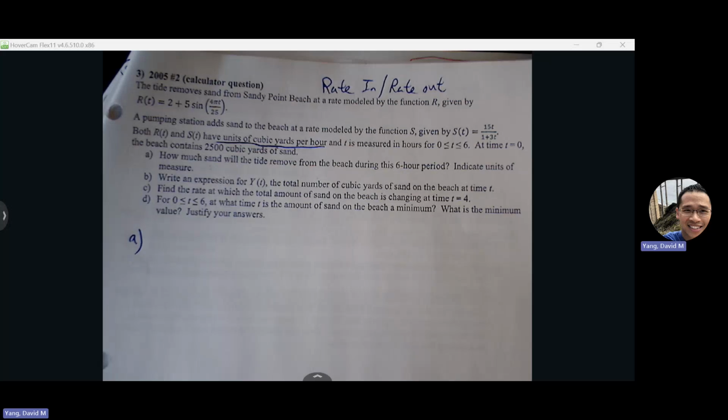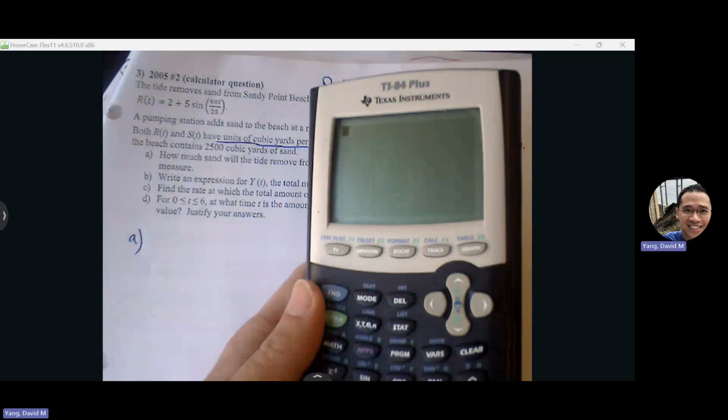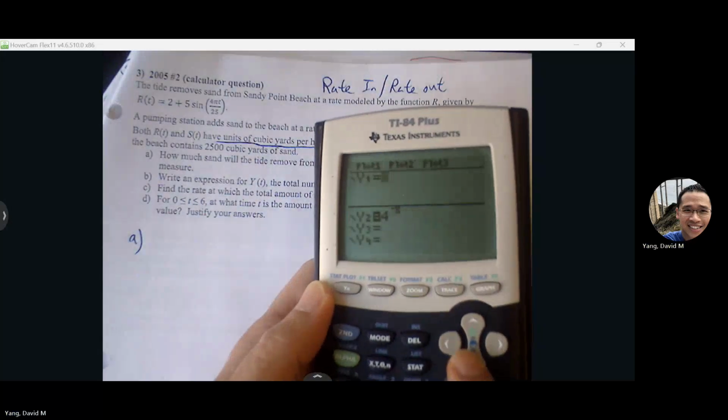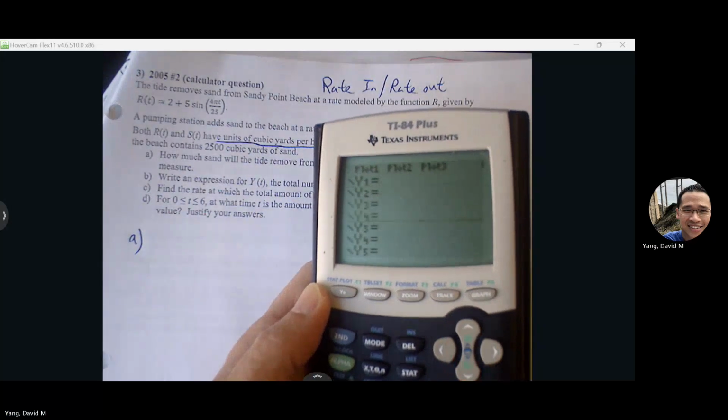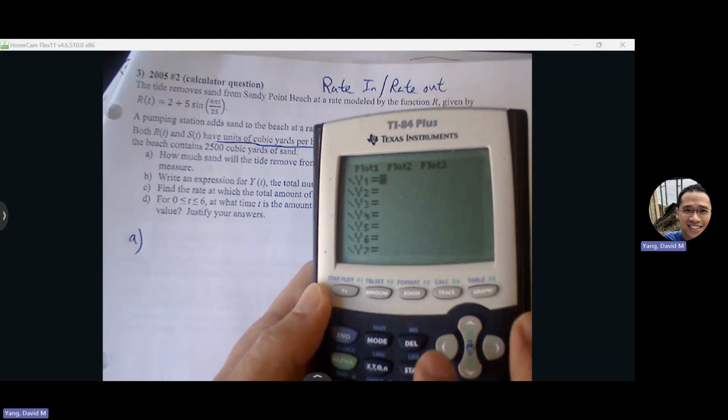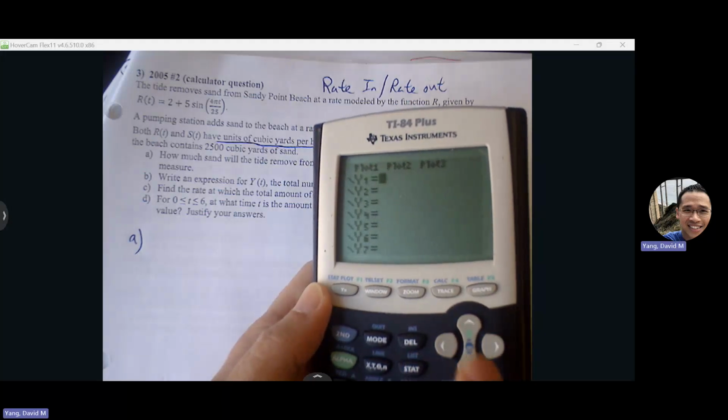I'm going to have y1 hold R of t because we don't want to have to retype the same function over and over again. Make sure that you're in radian mode.